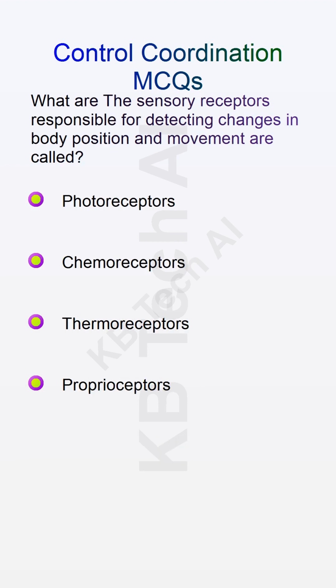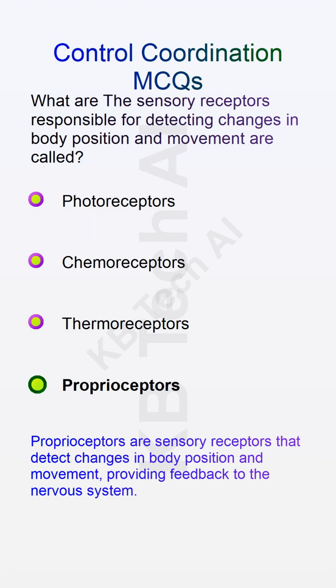What are the sensory receptors responsible for detecting changes in body position and movement called? Option 1, photoreceptors, option 2, chemoreceptors, option 3, thermoreceptors, option 4, proprioceptors. The answer is, option 4, proprioceptors.